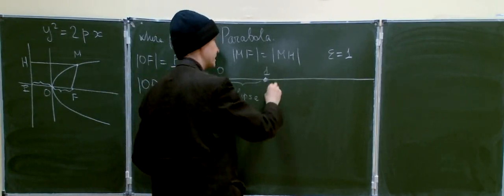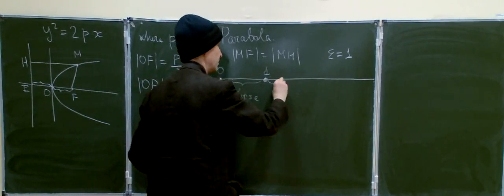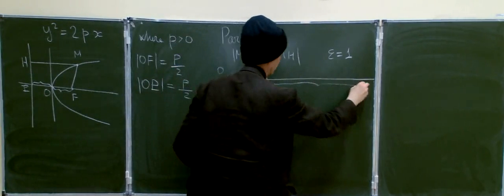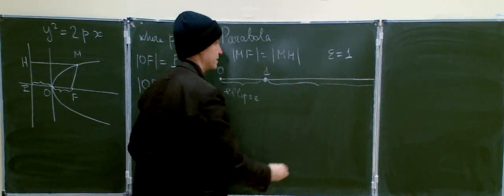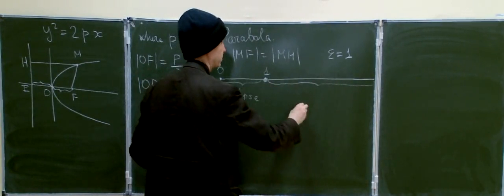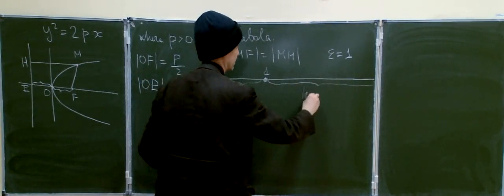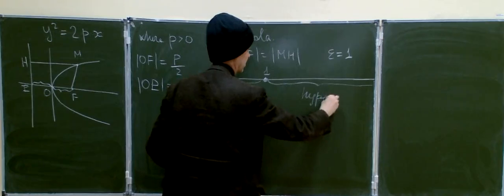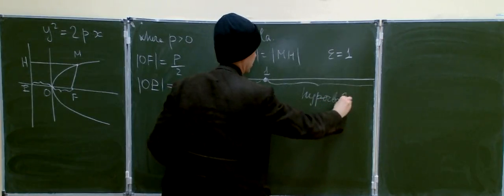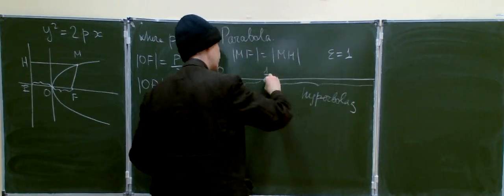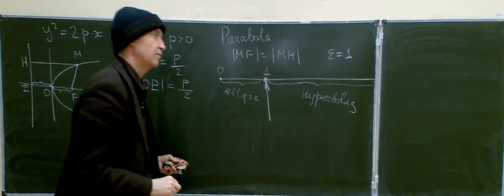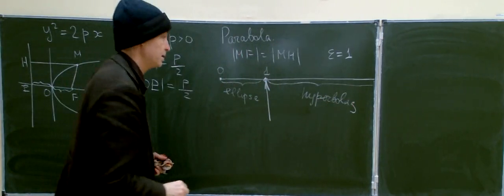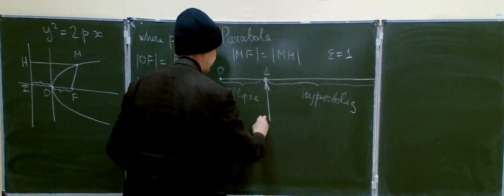And if the eccentricity is greater than 1 and goes until infinity, these values of eccentricity correspond to hyperbolas. And exactly one point where the eccentricity is equal to 1 corresponds to parabola.